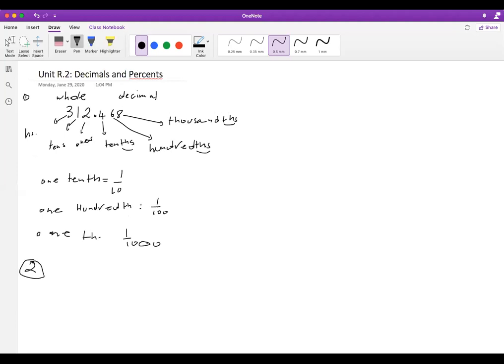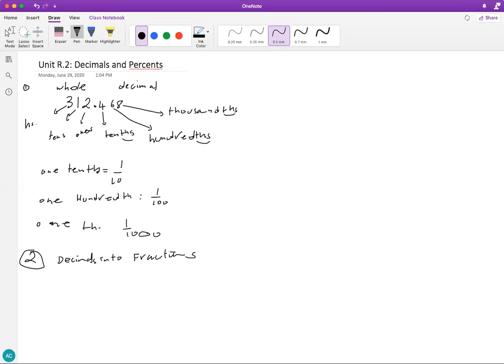Number 2 would be decimals into fractions. Let's start with a small decimal here.